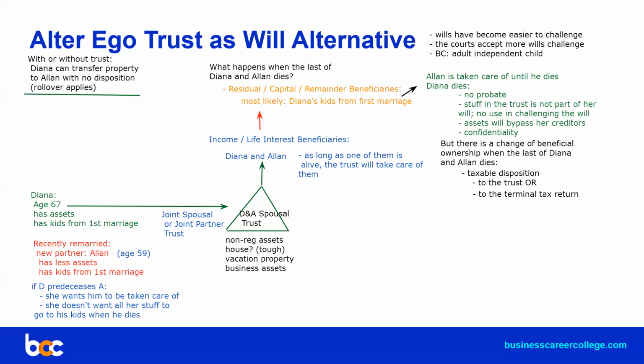Now, the other question, Shauna, is how much assets would your husband have had, right? Because, and I don't want to assume anything here, remember, it has to be enough non-registered assets to make this worth doing. Okay.